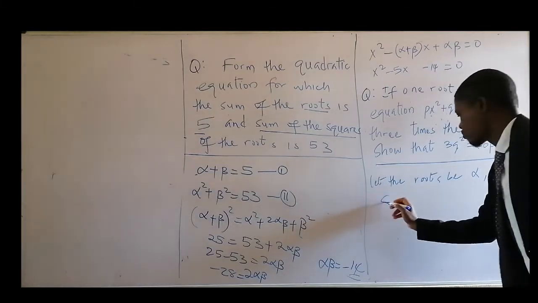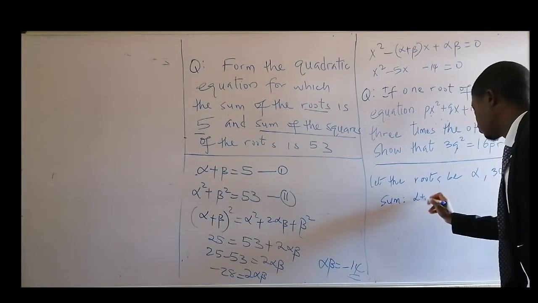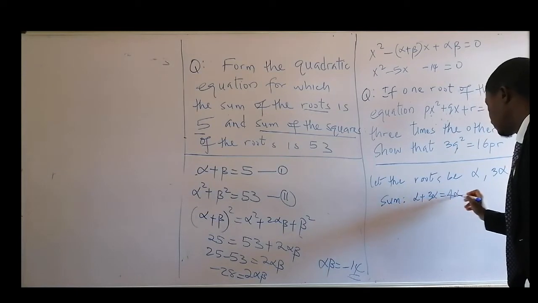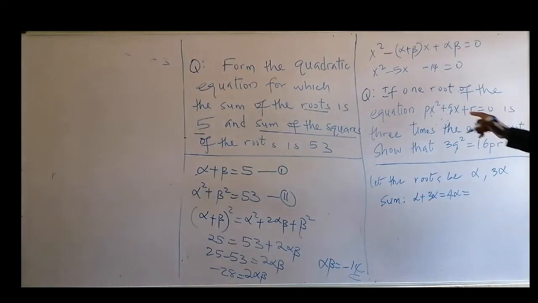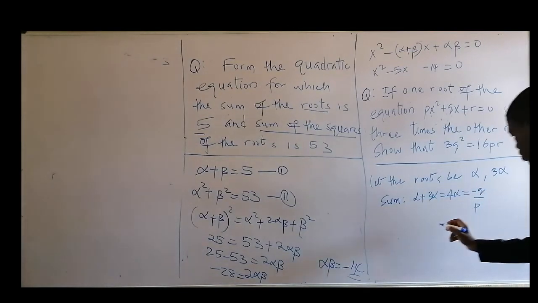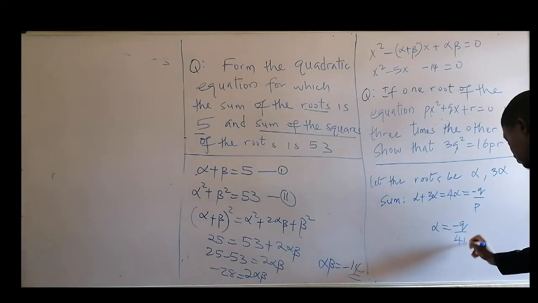So the sum will be alpha plus 3 alpha, which is 4 alpha, equal to minus b over a, that's minus q over p. So alpha is equal to minus q over 4p.